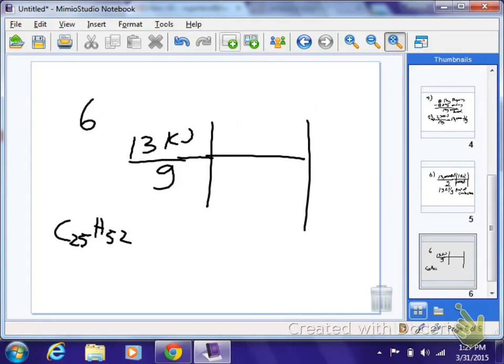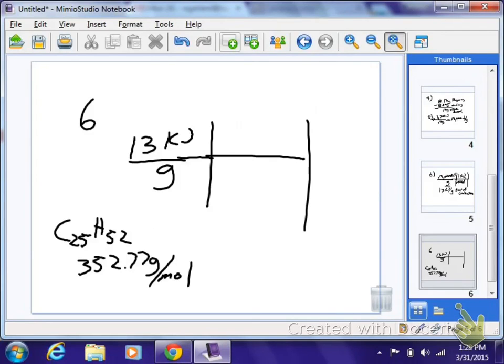When we take 25 times 12 and 52 times what hydrogen would be, we get 352.77 grams per mole.